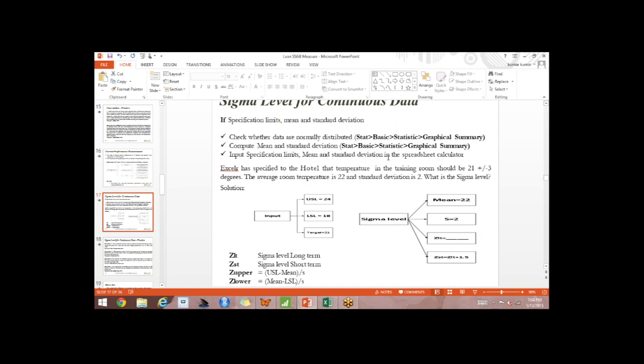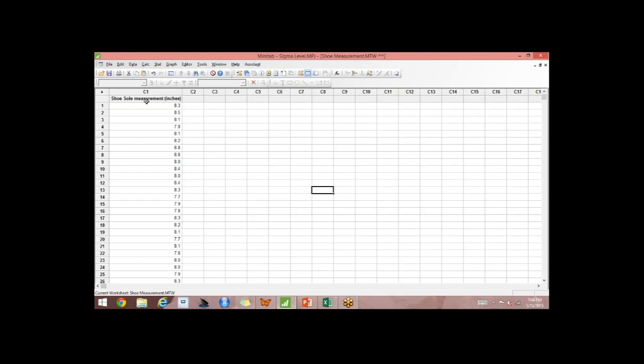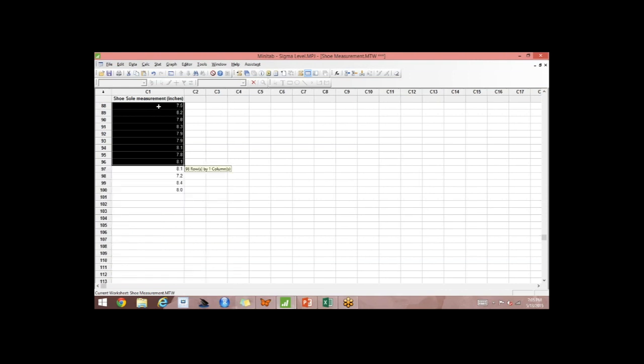Here we go. Let us look into those case studies. This is the shoe sole measurement in inches, and these are the various values. We have data for 100 shoes. That is what our question says, case study.